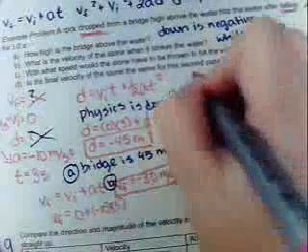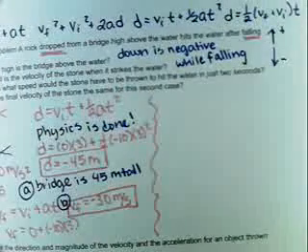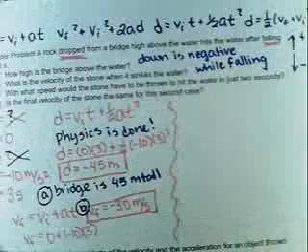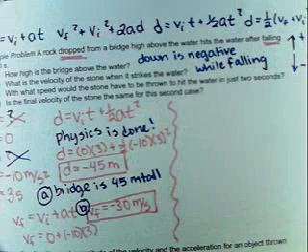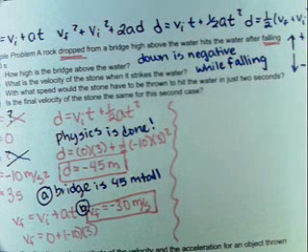All right, so parts C and D are a little weirder. Part C asks, with what speed would the stone have to be thrown for it to hit the water in just 2 seconds? Now, I'm going to rewrite our whole chart.